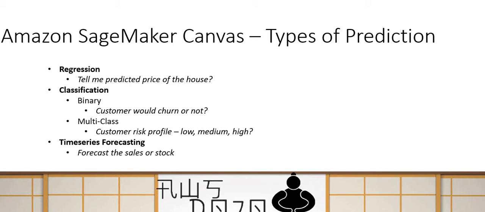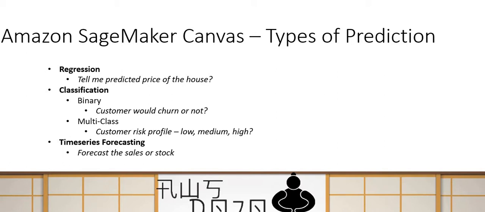So for instance, your input values are the number of rooms, kitchens, toilets, the area of the house, the city area, and when it was constructed. Those things you can provide as an input, and it can predict what price you can buy or sell the house at.